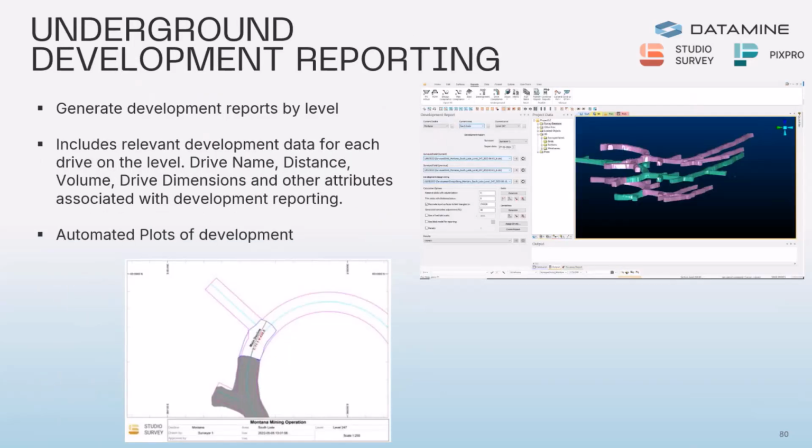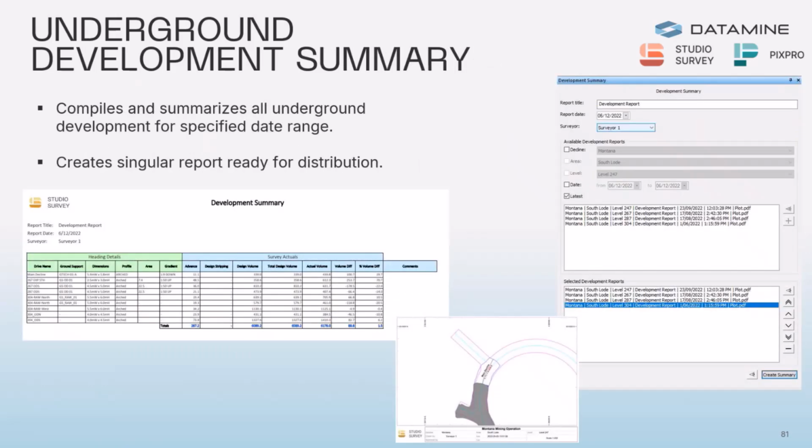We have underground development reporting. So much like the open pit extraction, we're calculating the development for the month, length, volume, basic compliance at that stage. So a profile area and a length to calculate a volume compliance. That then leads into your underground development summary.